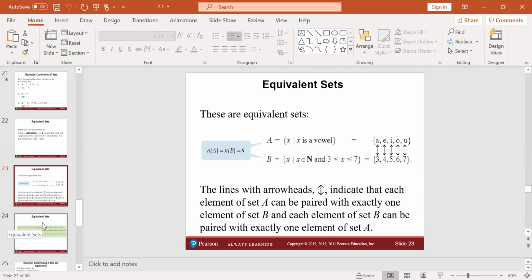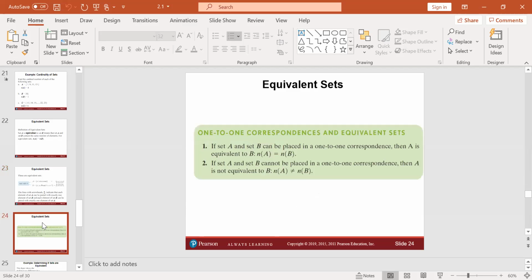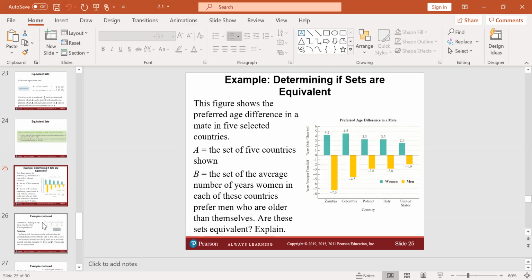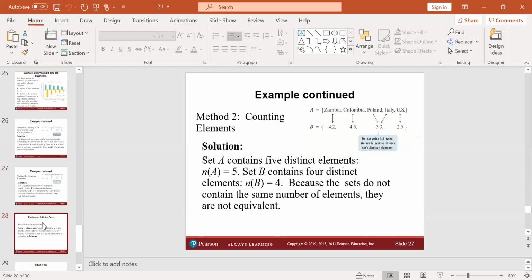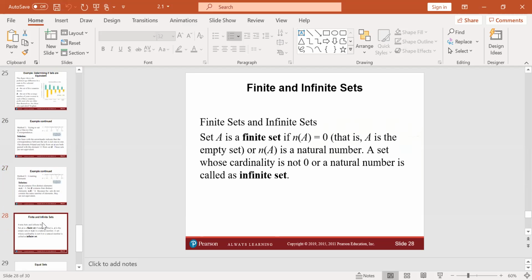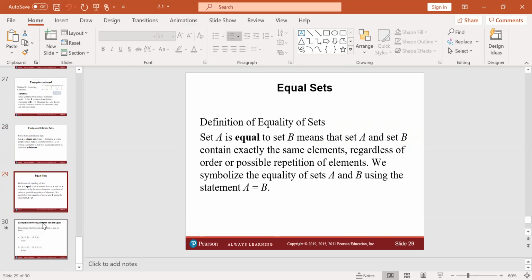The word you want, when two sets are exactly the same, not only do they have the same number of elements, they have the same actual elements themselves. We call that equal. There it is.